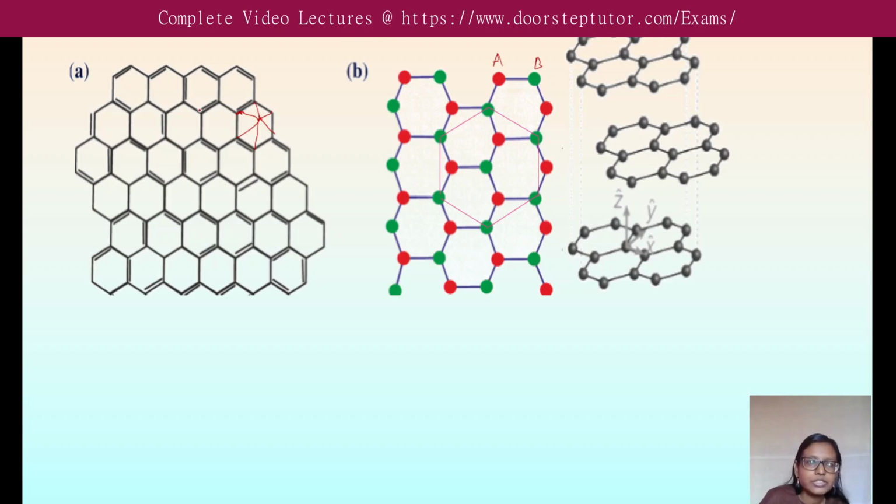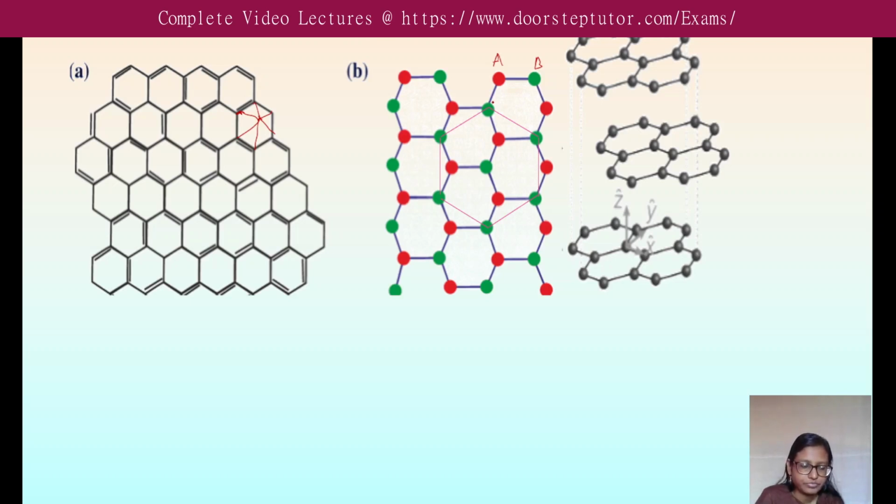Why? Because you can see here, for atom A, we have atoms on its right hand side, but for atom B, we have atoms on the left side and the right side is empty. So their surroundings are different, so they are considered to be different types of atoms. And obviously these are not Bravais lattice.